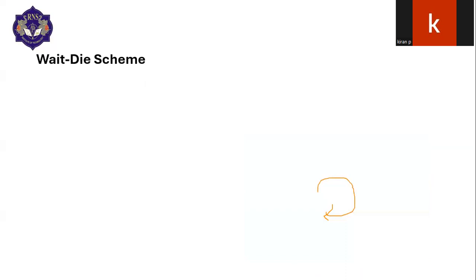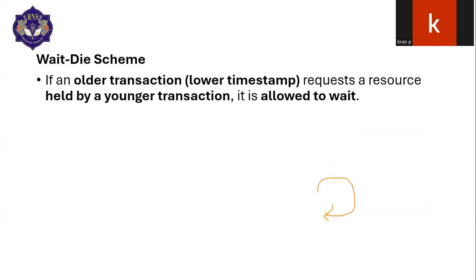So what is the meaning of the wait-die scheme? In the wait-die scheme, if the older transaction, the one with a lower timestamp value, requests a resource held by a younger transaction, it is allowed to wait.